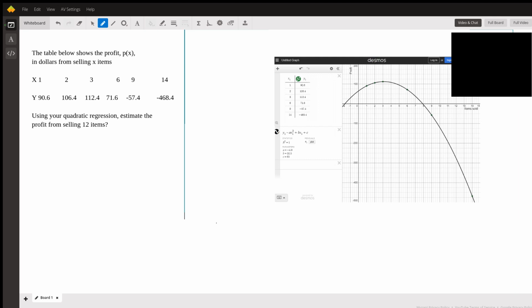If you're using a Texas Instruments calculator, which is the one I use, you would go to stat edit. Let me just write the basics down here.